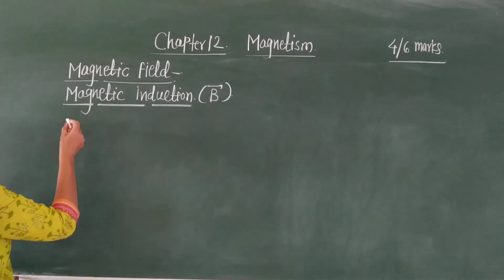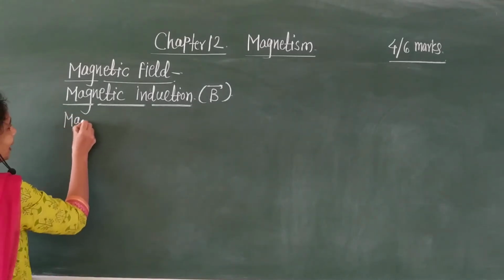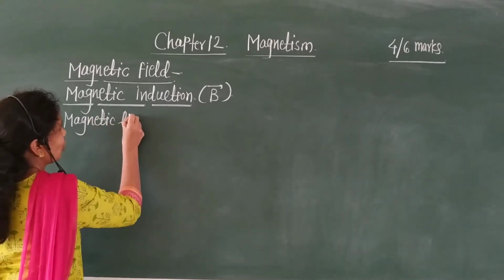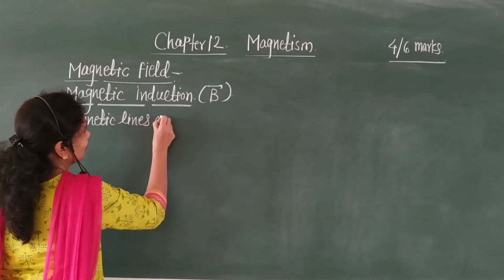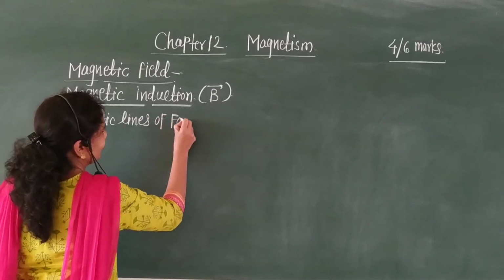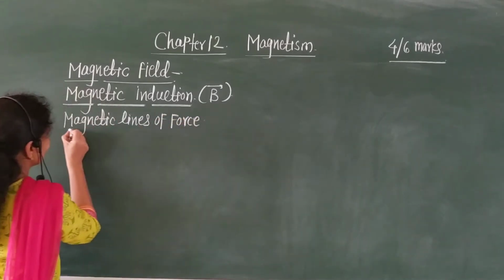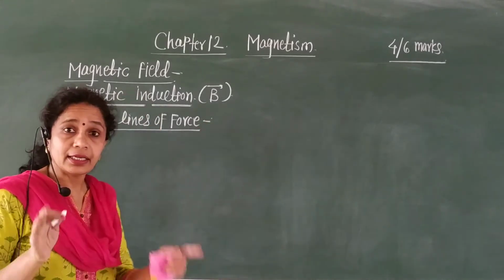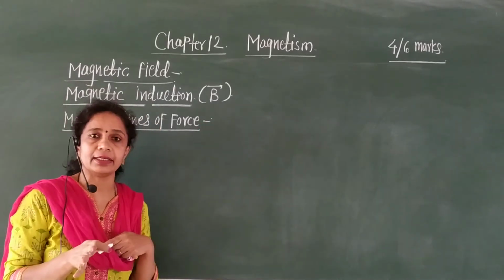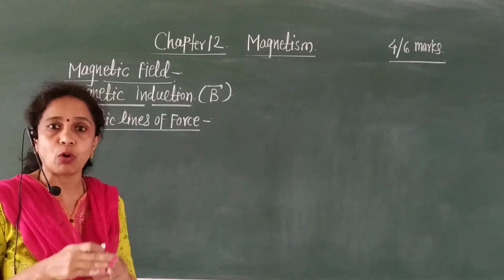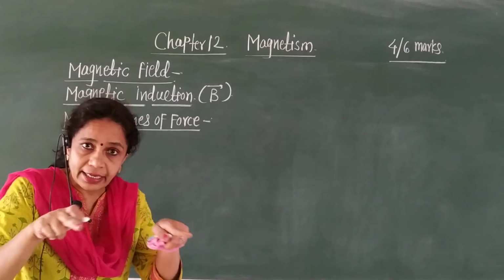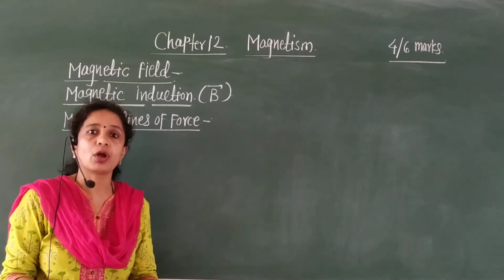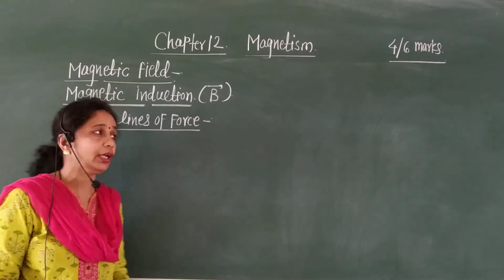Then next physical quantity is magnetic lines of force. Magnetic lines of force represent the magnetic force that exists in the surrounding medium of a magnetic field.